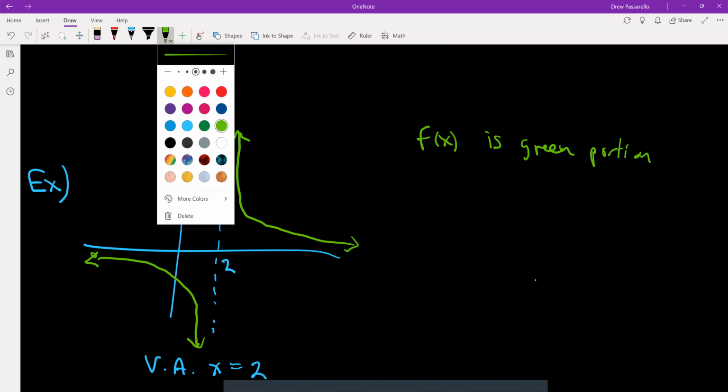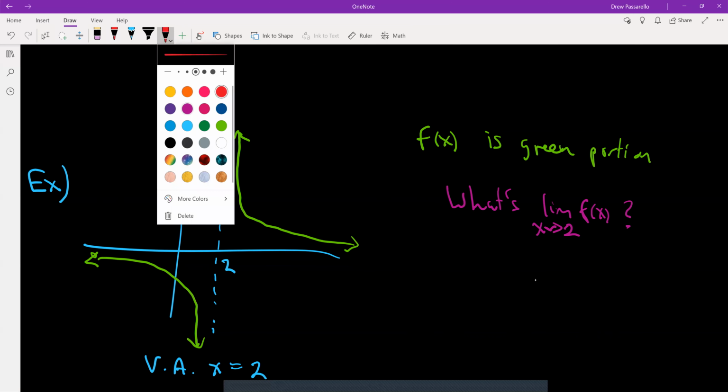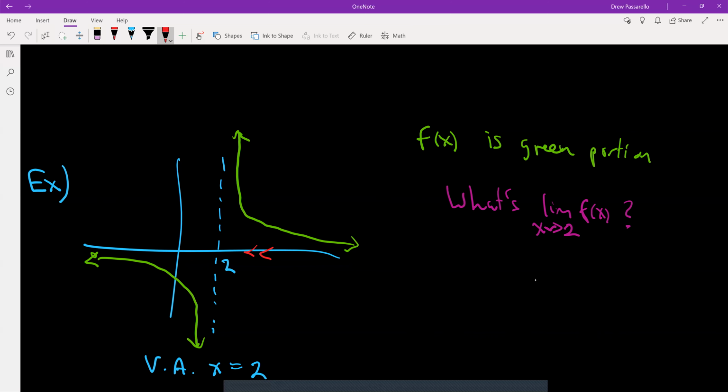Let's say I want to know the limit as x approaches 2 for this graph. Well, if I get closer to 2 on the right side, the y-coordinates are going up forever to positive infinity.